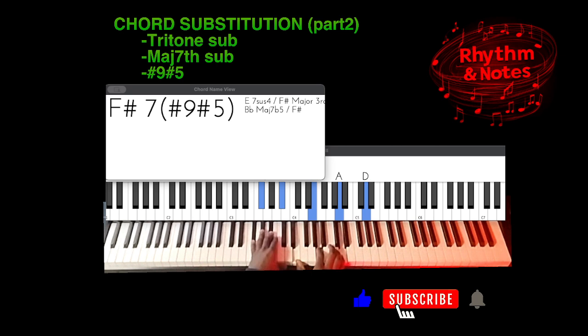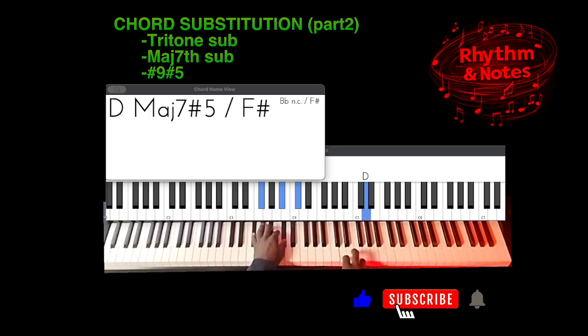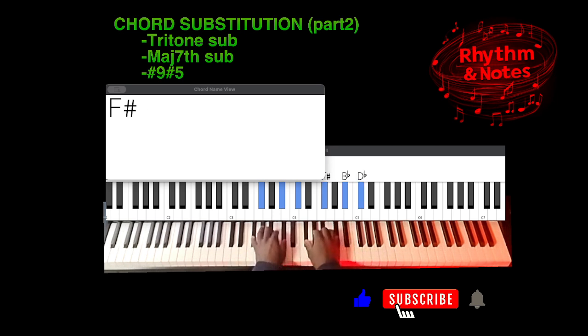Aha, this goes, but this doesn't go. Because your melody, the pinky, your highest note is outside of the diatonic key of F or B flat. See, it's outside. It's too much outside, so it's not really gonna sound good.